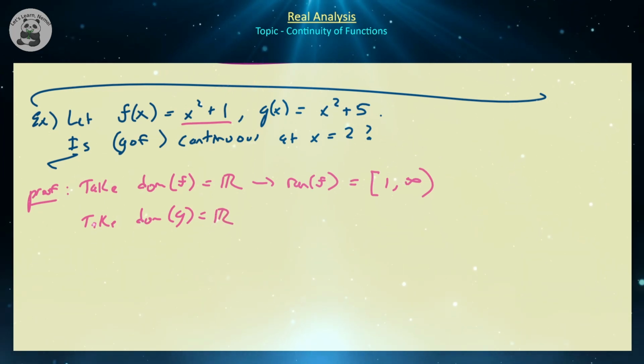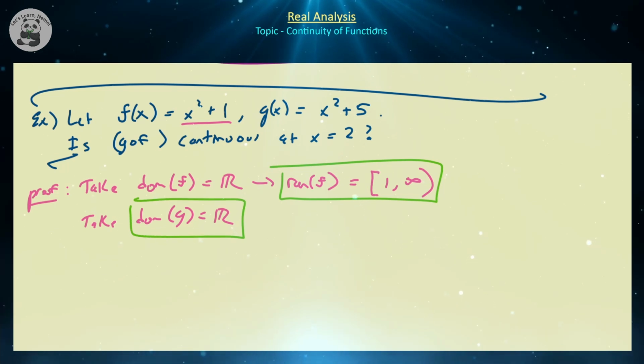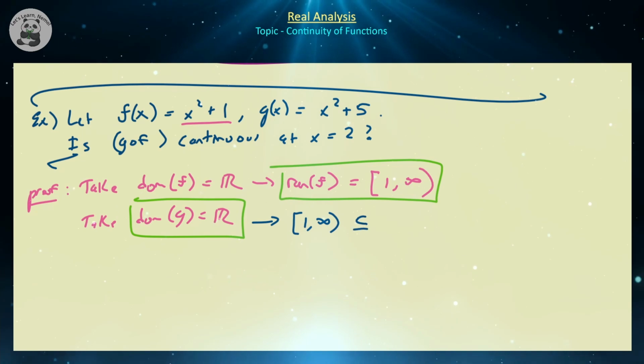We do not need to know the range of g here. We just need to know that the range of f is a subset of the domain of g. That's all we need in order to compose g with f. So we see that the range of f, 1 to infinity, is a subset of the set of real numbers.